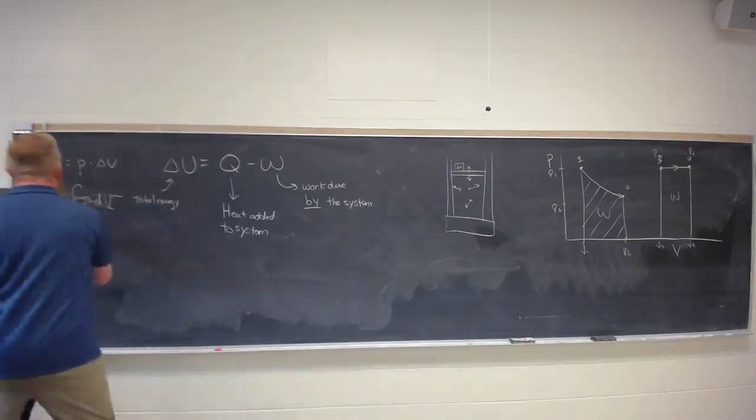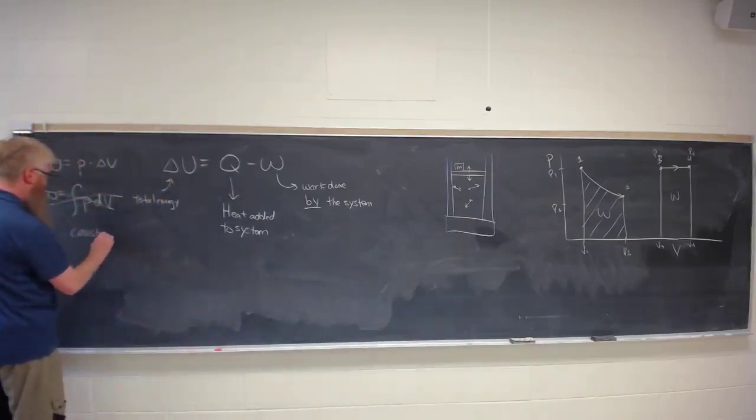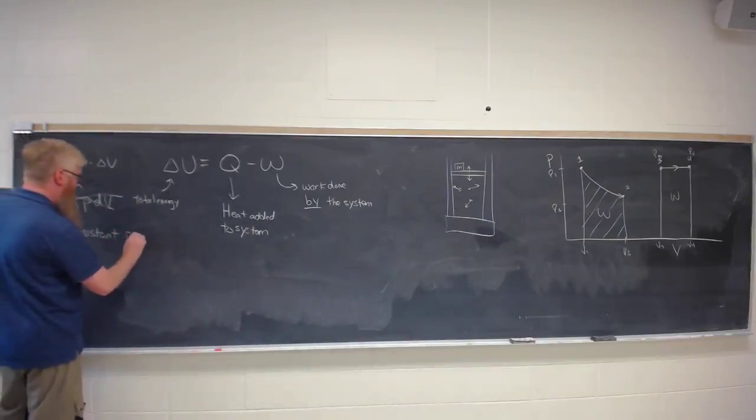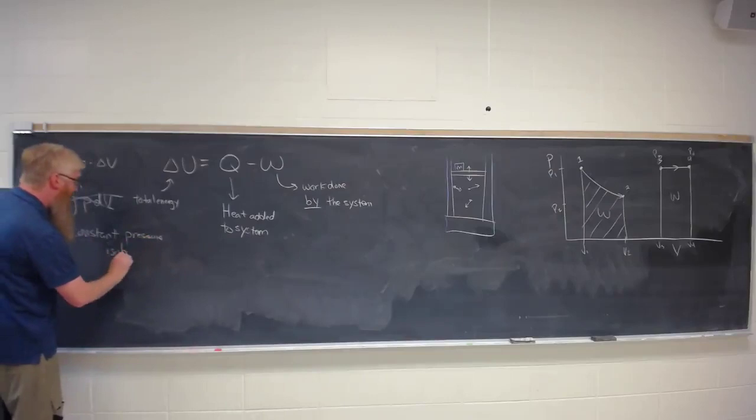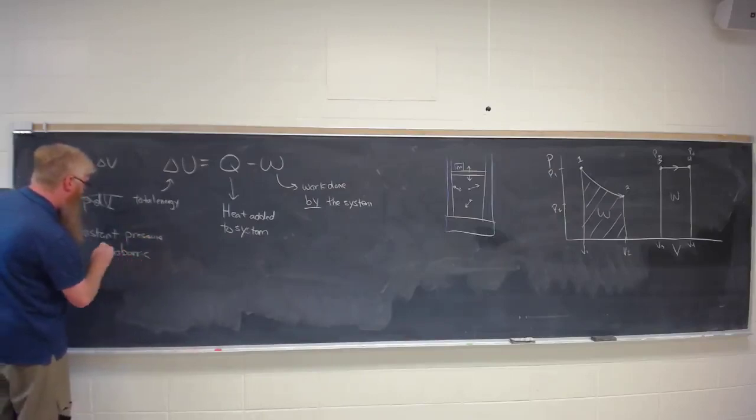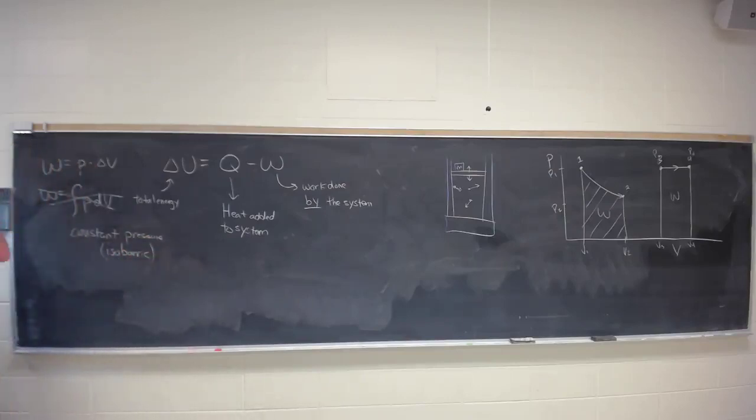Constant pressure is often referred to as isobaric. Iso being constant, baric, think of it like a barometer. What does a barometer measure? It measures pressure. That's where the baric comes from. So an isobaric process is a constant pressure.